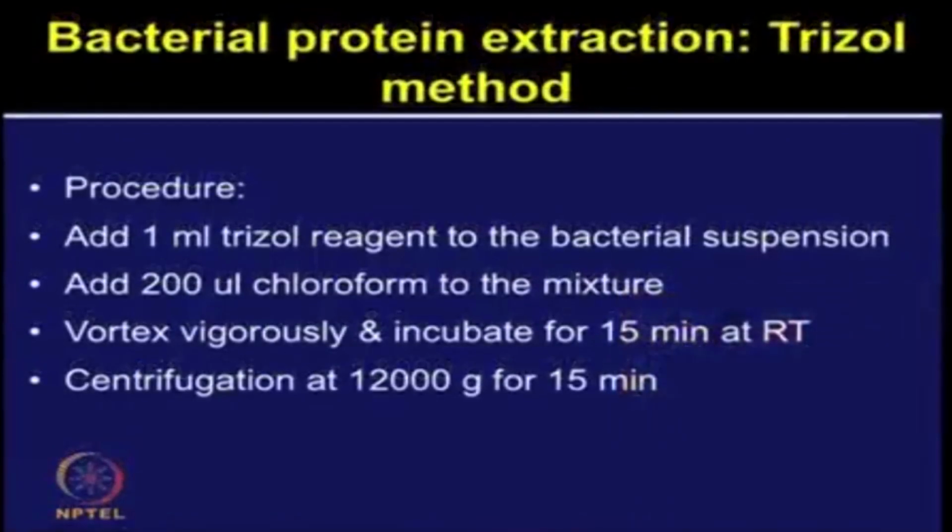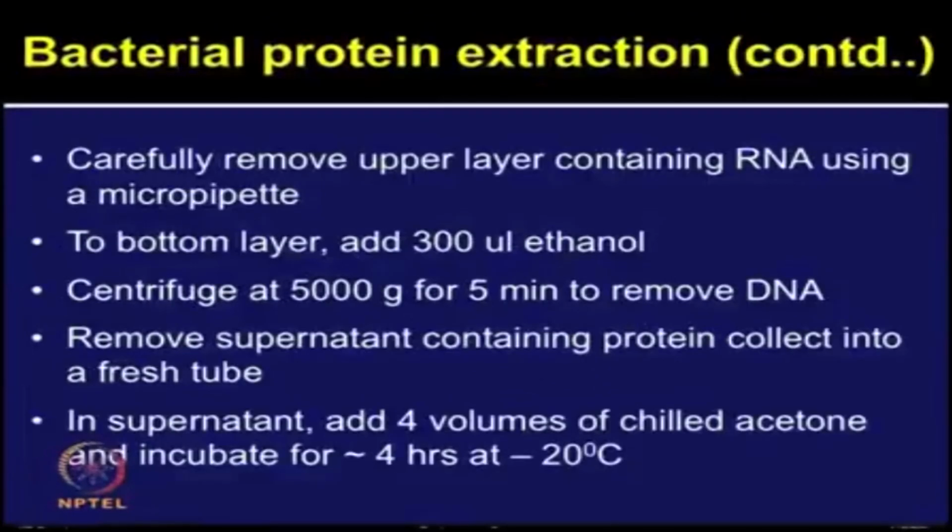Centrifuge the sample at 12,000 g for 15 minutes. After the centrifugation, remove the upper layer which contains RNA, and to the bottom layer you can add ethanol. Again you need to centrifuge at 5000 g for 5 minutes.